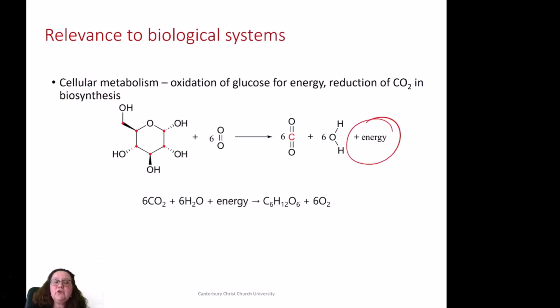And on the other hand, you have the process of biosynthesis, the fact that you can reduce the carbon in the CO2, the 6 carbons in 6 molecules of CO2, to produce glucose. So oxidation in one case, producing CO2 from glucose, and reduction in the other case, producing glucose from CO2, are both hugely important biological processes.